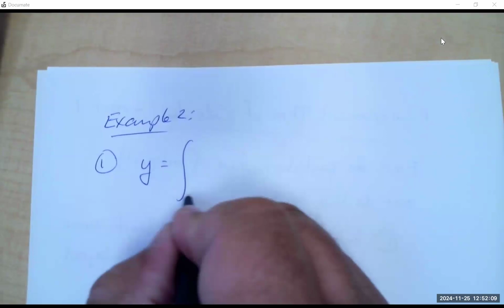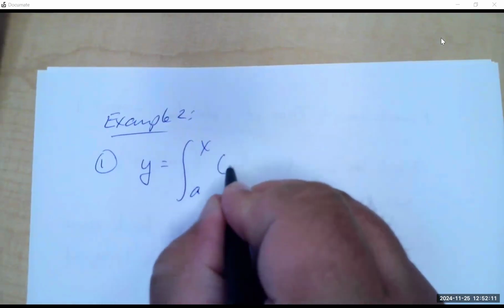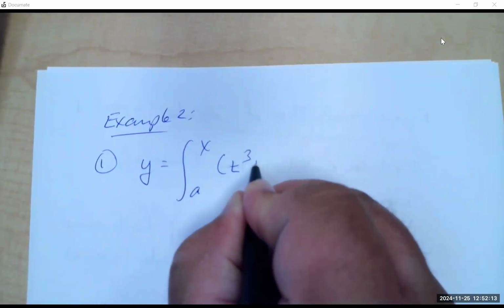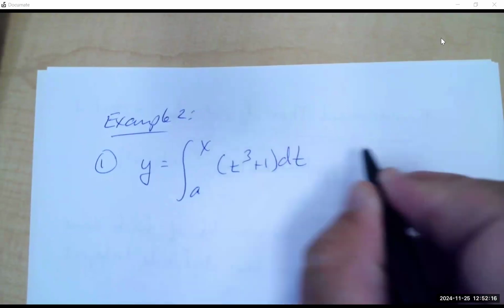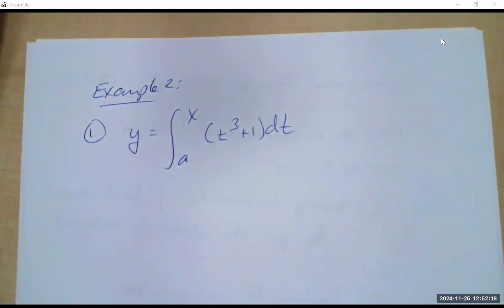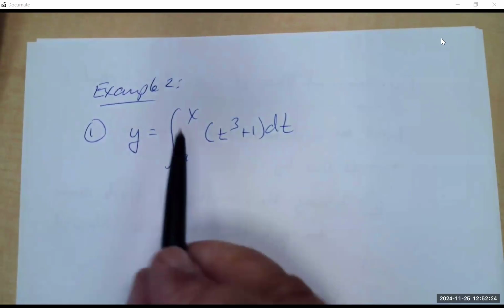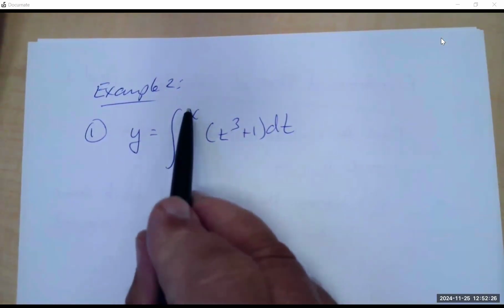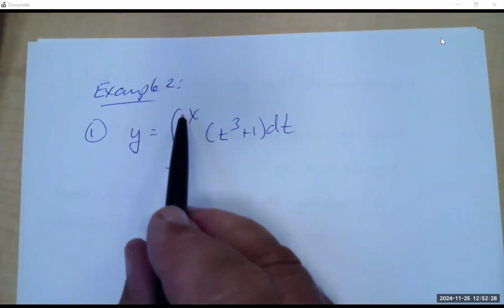Example 1. If y equals the integral from a to x of t cubed plus 1 dt. With what we just talked about a second ago, are my bounds from a to x? Yes.